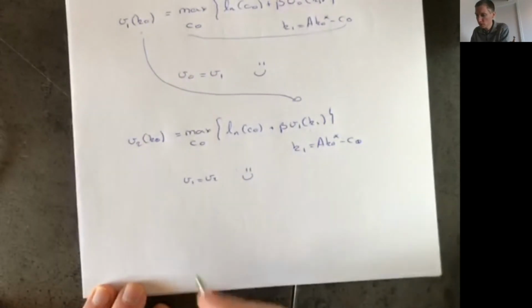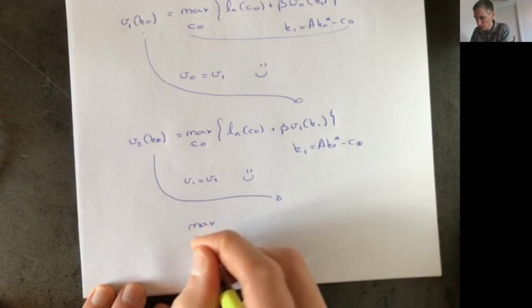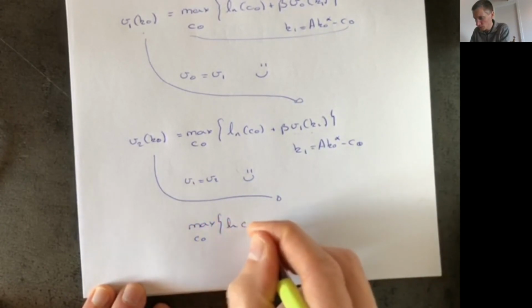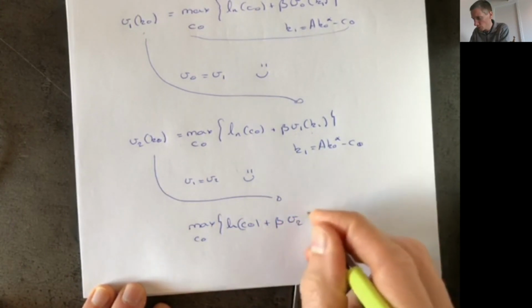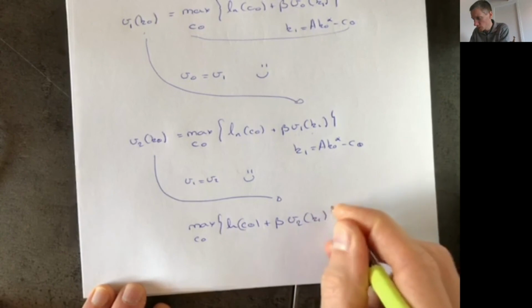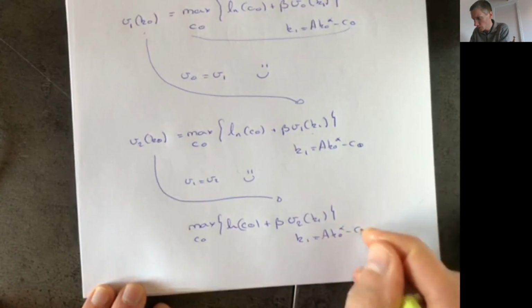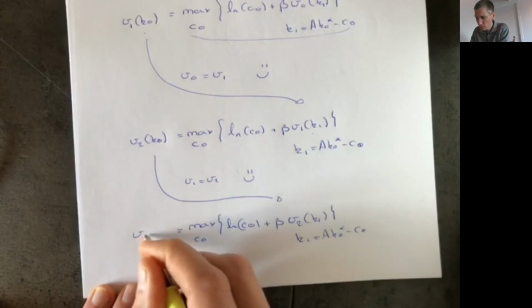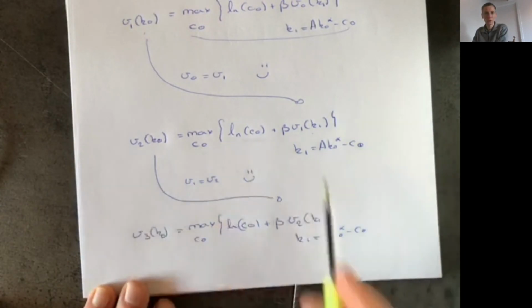If not, I can keep on iterating this procedure. So I have a new problem now with my function V2, where K1 is equal to A K0 alpha minus C0. And maybe I obtain a new function V3 out of it. I can do this again and again.